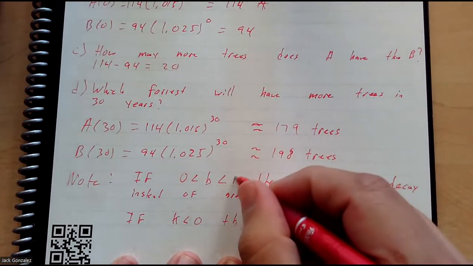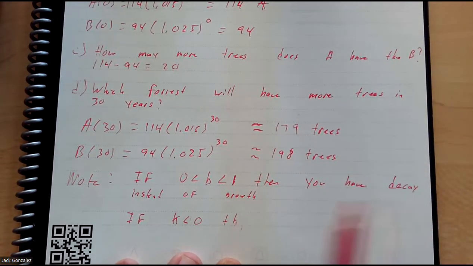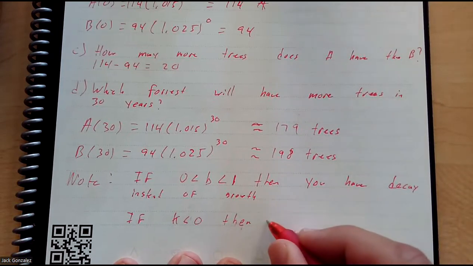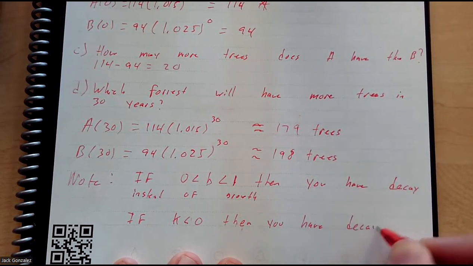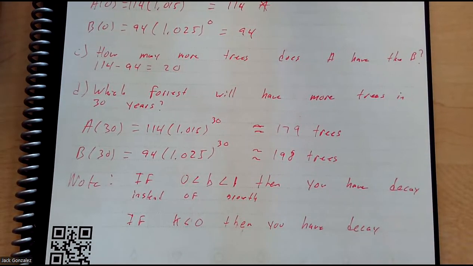So if B is between 0 and 1, then you have decay instead of growth. If K is less than 0, then you also have decay. So instead of having something grow, it'll just deteriorate.